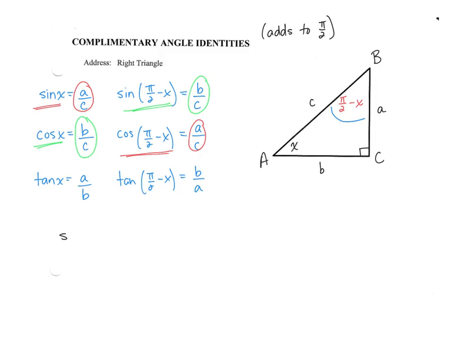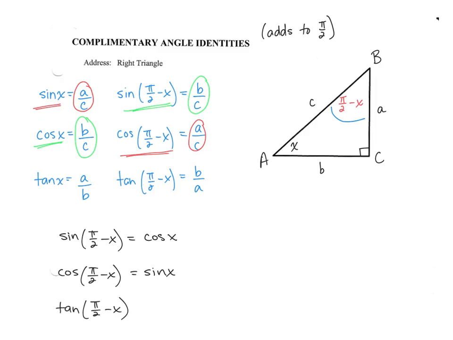So I have sine of pi by 2 minus x is equal to cos x. Cos of pi by 2 minus x is equal to sine x. And then if I follow along with that, I have tan of pi by 2 minus x. Well, what I notice when I look at tan is they are the reciprocals of each other.